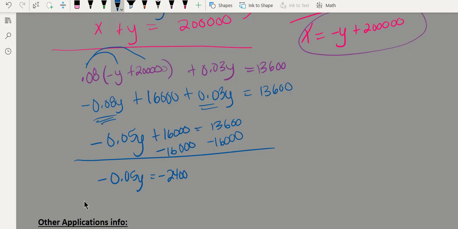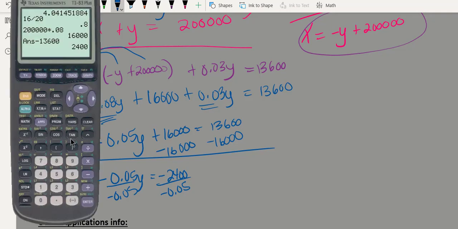All right, divide both sides by a negative 0.05. It's going to all equal out to be something positive, and that gives me 48,000.